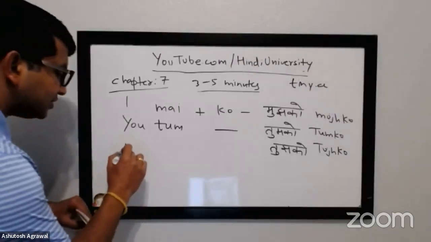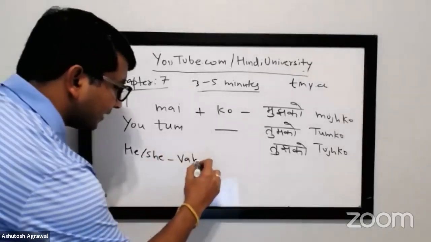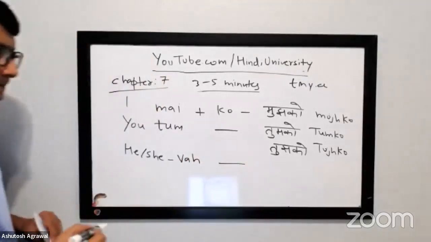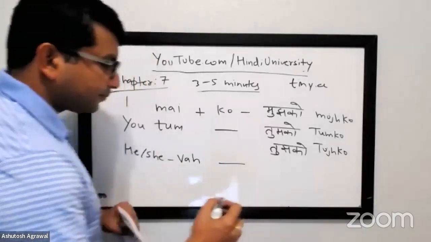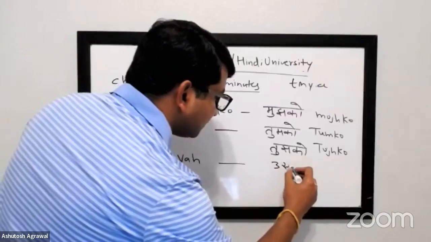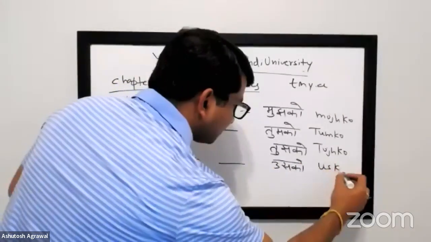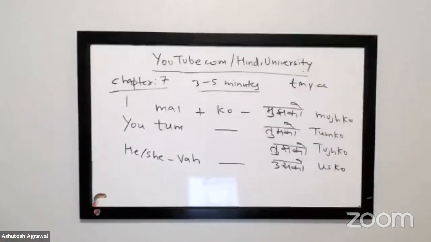And then it's basically he, she. That's basically वह, and वह becomes उसको. Very good. उसको, or you can say उसे.